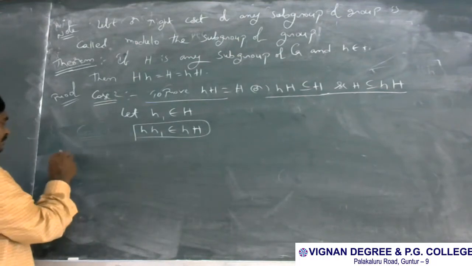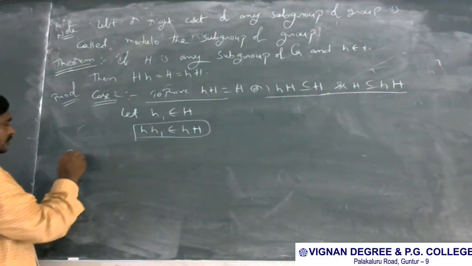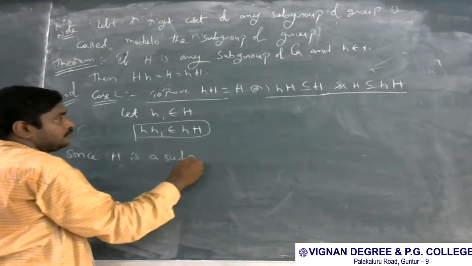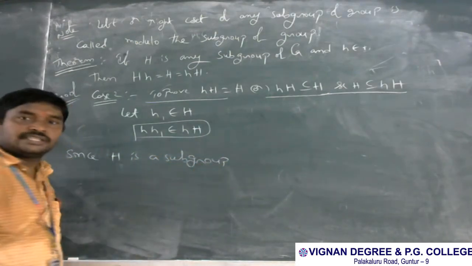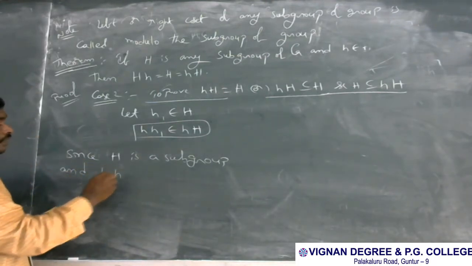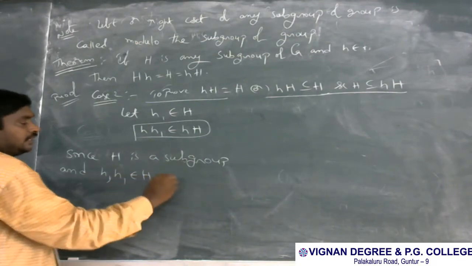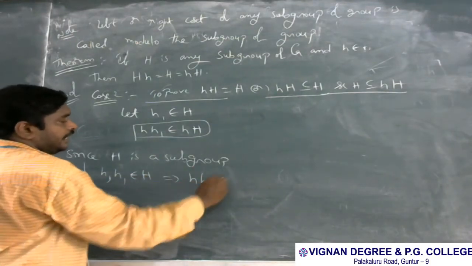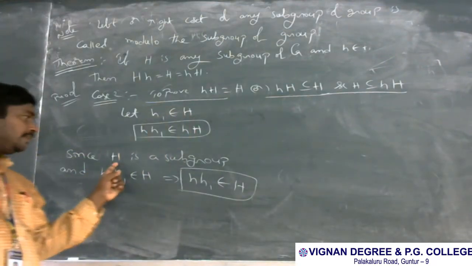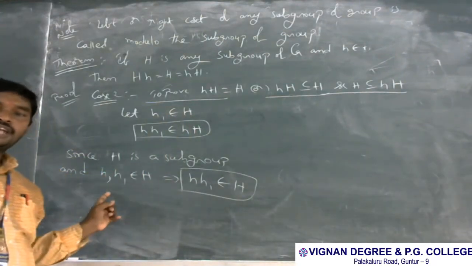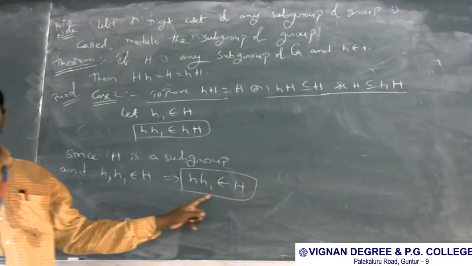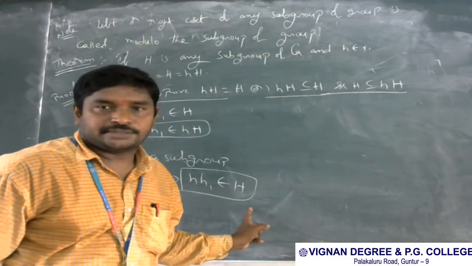Since capital H is a subgroup and h, h1 belongs to H, by using closure property, h into h1 belongs to capital H. Since capital H is a subgroup, h comma h1 belongs to capital H. By closure property, h into h1 belongs to capital H. Okay?